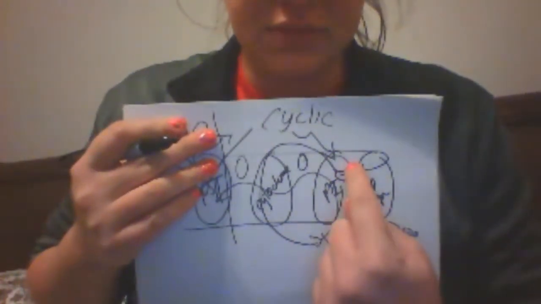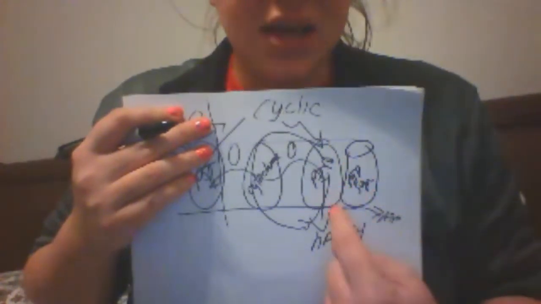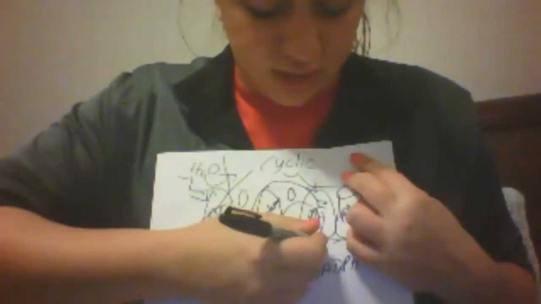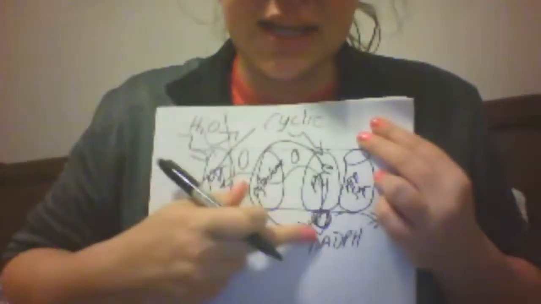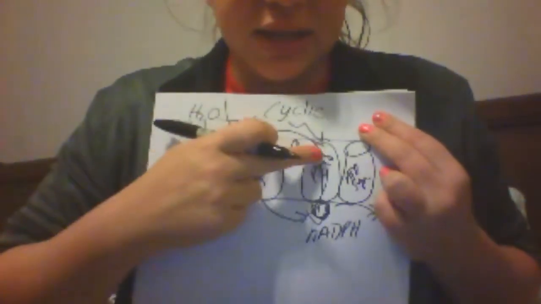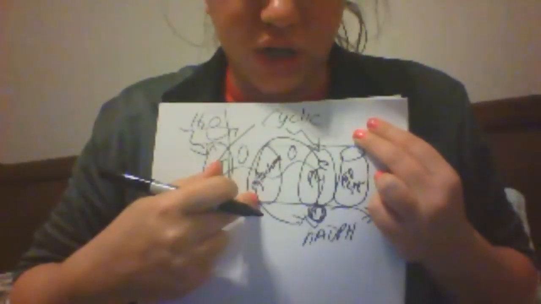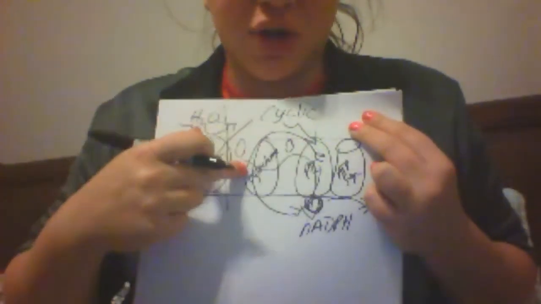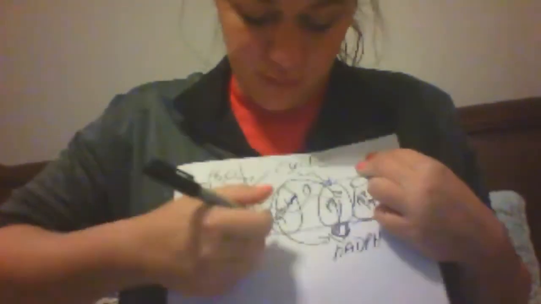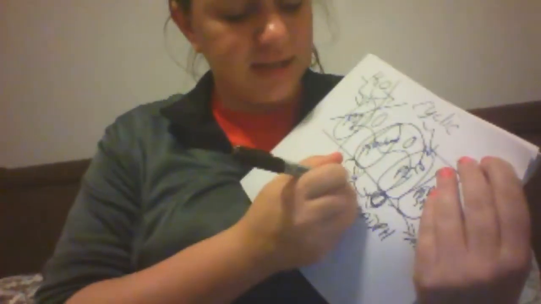Light still comes in, still gets an electron excited, but instead of the electron getting passed down here to the NADP reductase, the electron gets passed up here to the cytochrome, and guys, the cytochrome actually has capabilities of making ATP itself.